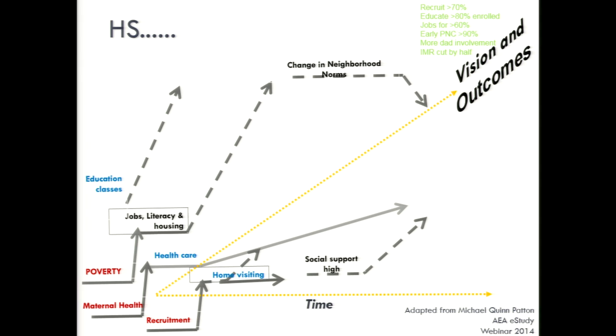So there were jobs and literacy issues and housing that needed to be dealt with. These are the parenting education classes, which weren't really helping us achieve the vision in the beginning. Here, by the way, are some of the outcomes that we were trying to target.